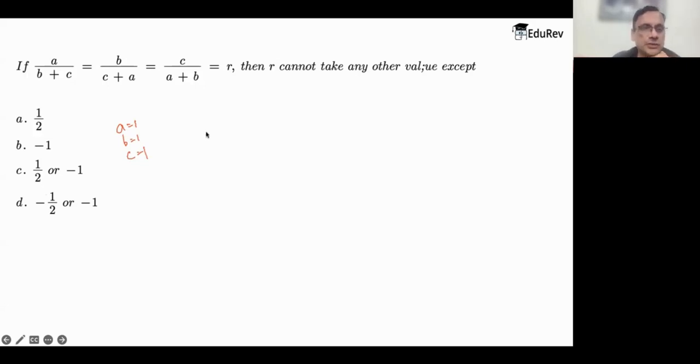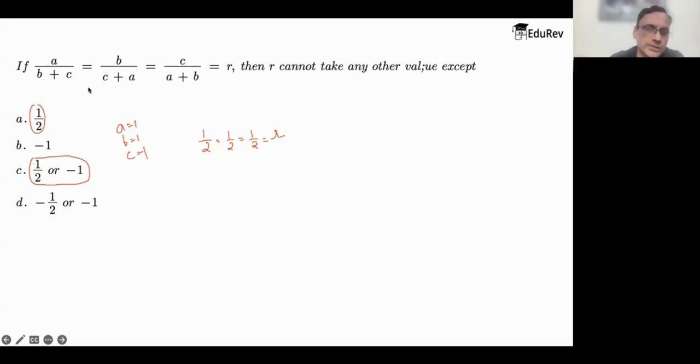Then the first ratio is half is equal to half is equal to half is equal to R. So it's very easy to see that half definitely will be an answer. Now, if half is an answer, the answer is either choice A or choice C. Choice C has an answer -1 also. Now, how can I get -1?